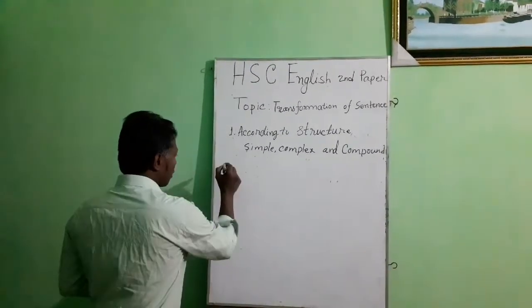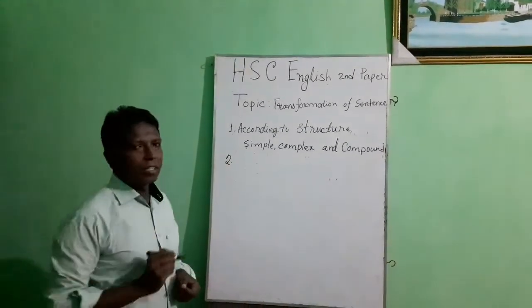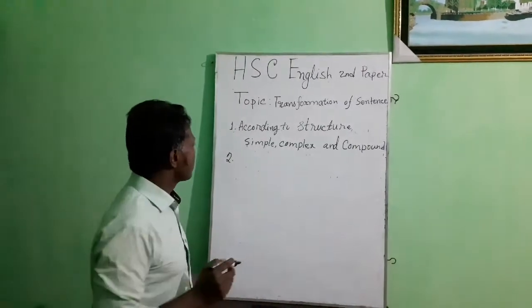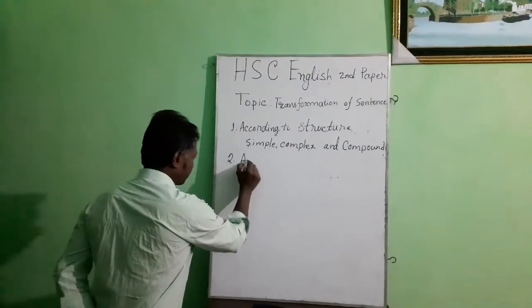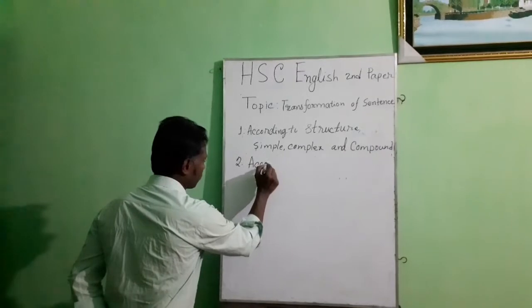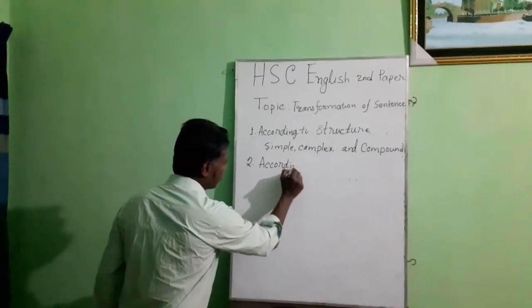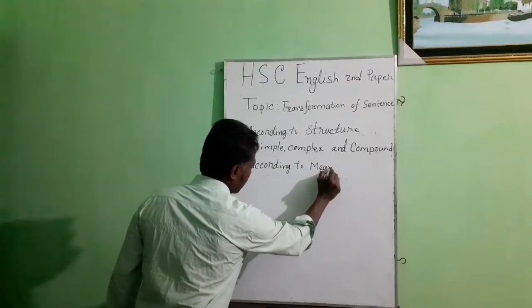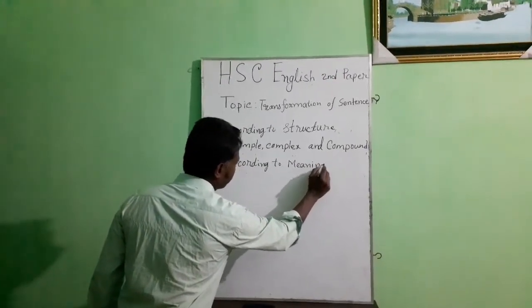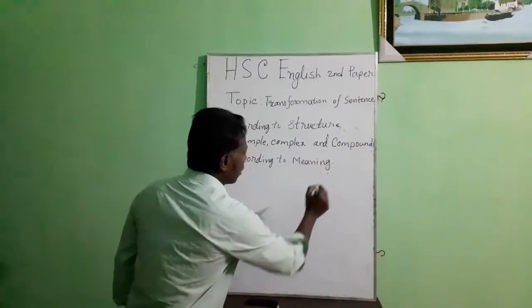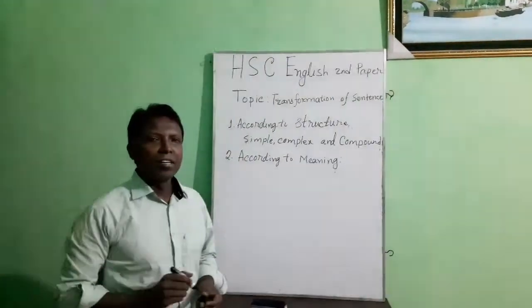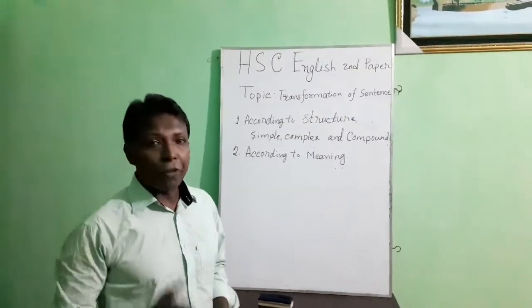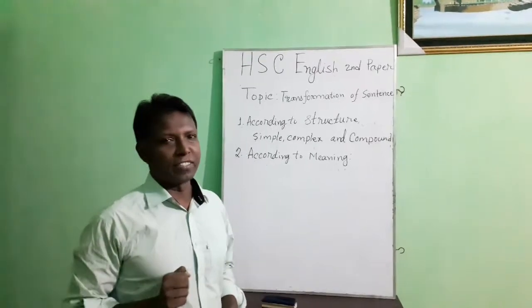Now, the second area is according to meaning. According to meaning, there are 5 categories of sentences.